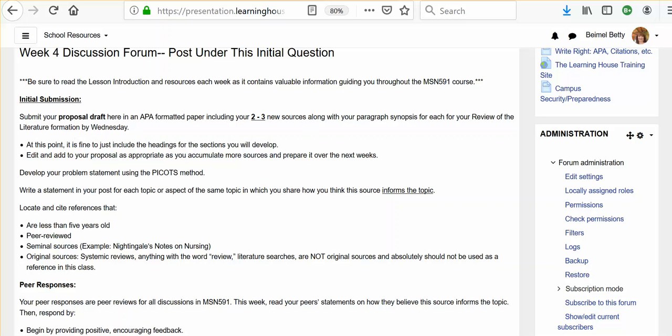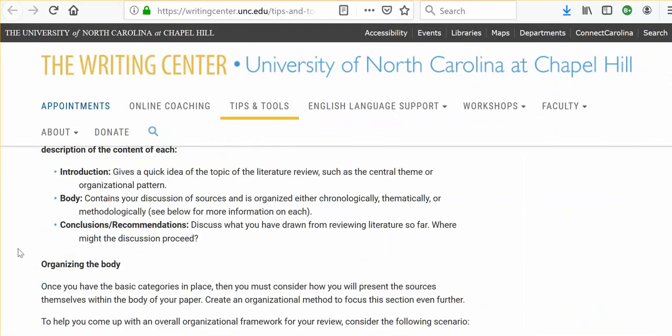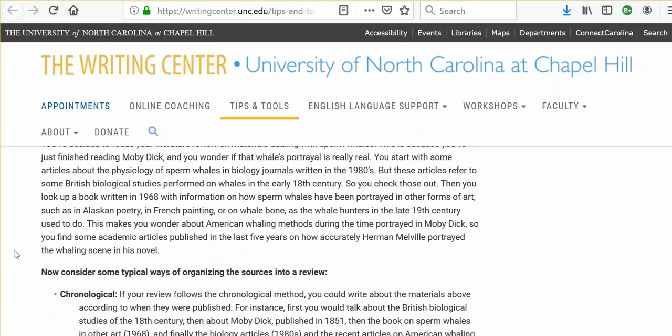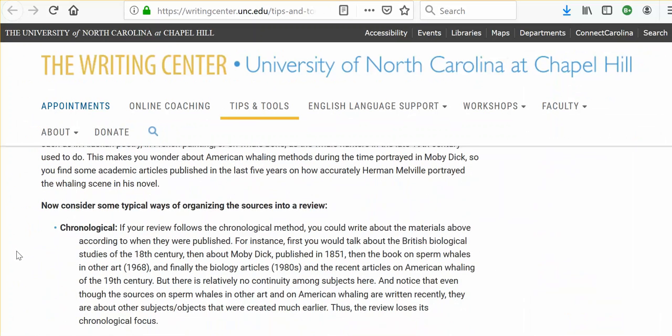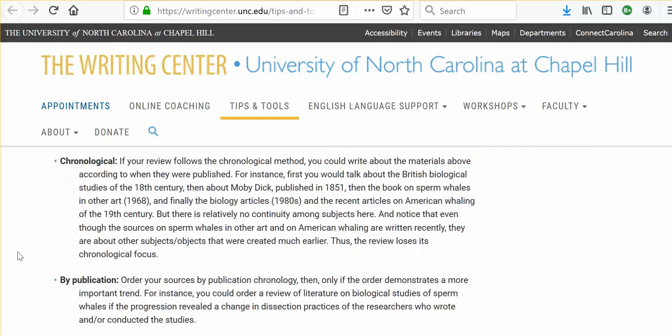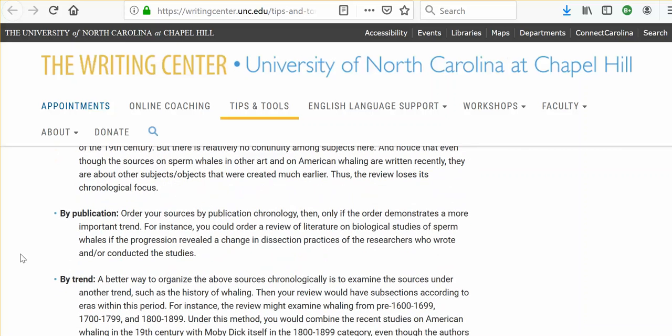So speaking of that, let's take a look at organizing the body. So here it provides some ideas of how you would structure it. The first one is one that largely will not work for anyone in this class, just because it's not really consistent with advanced practice nursing. However, publication could work.